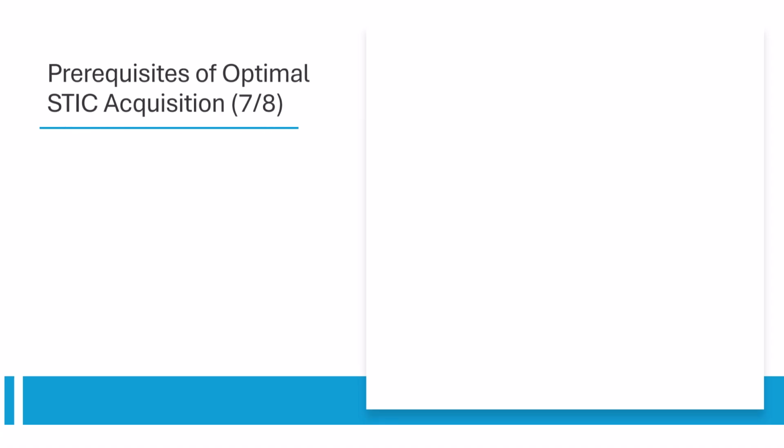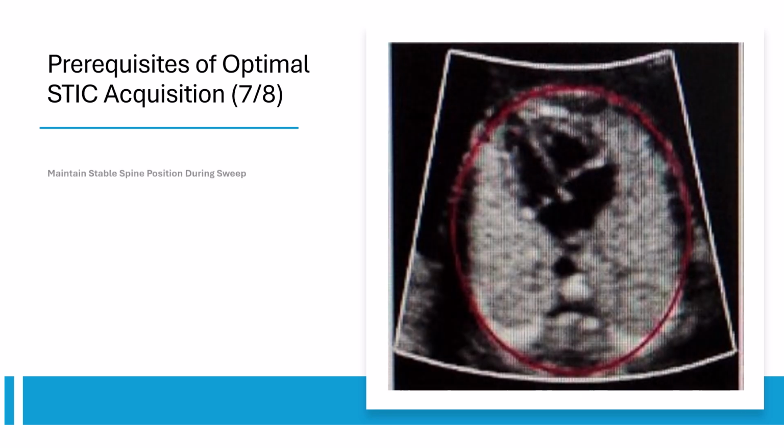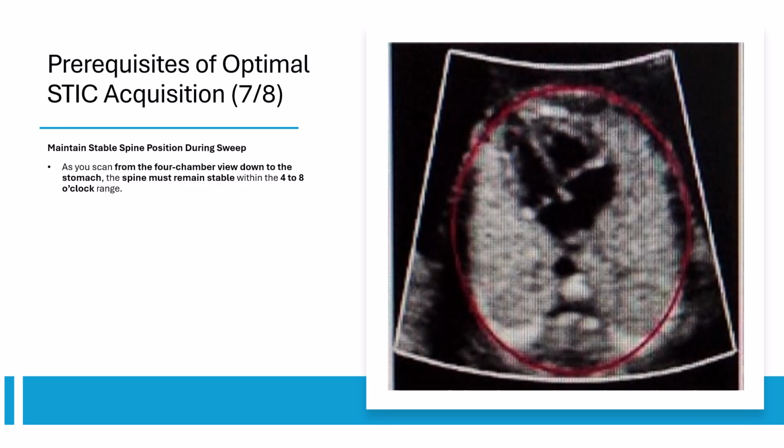From the four-chamber view down to the stomach, it is crucial to maintain the fetal spine stable within the 4 to 8 o'clock range. Be mindful of spinal drift, where there is a gradual shift out of position during the sweep, and spinal rotation caused by fetal movement, which can misalign the cardiac axis.